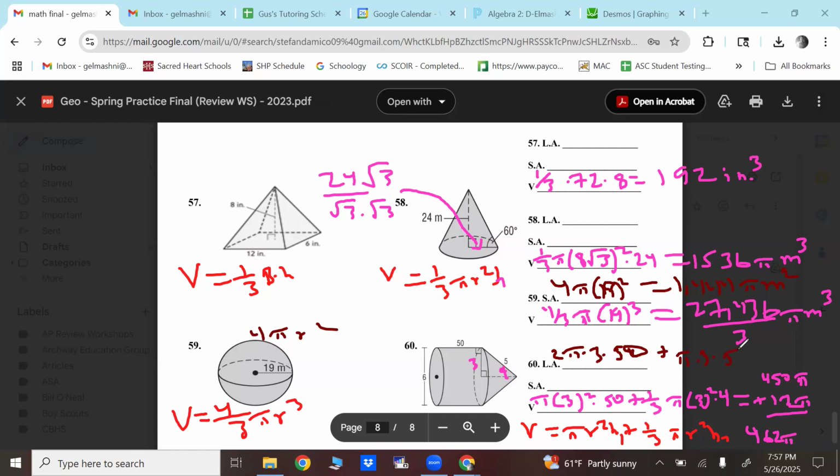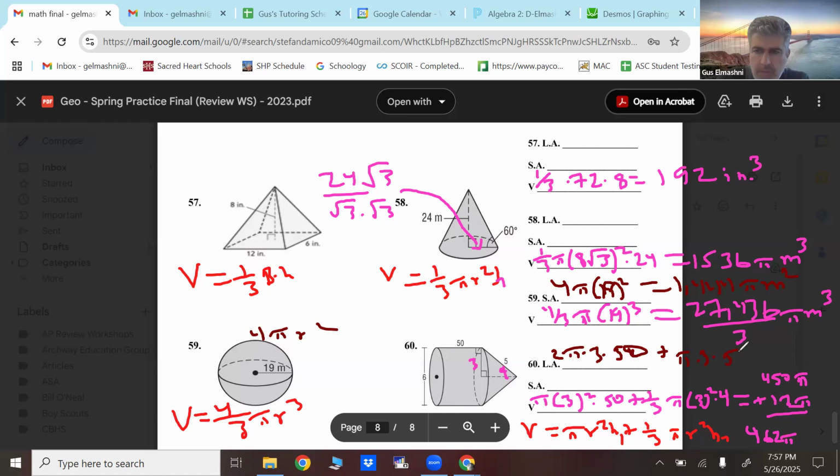So that's 300, 315 pi. And then surface area, you're going to add 315 pi plus 9 pi.